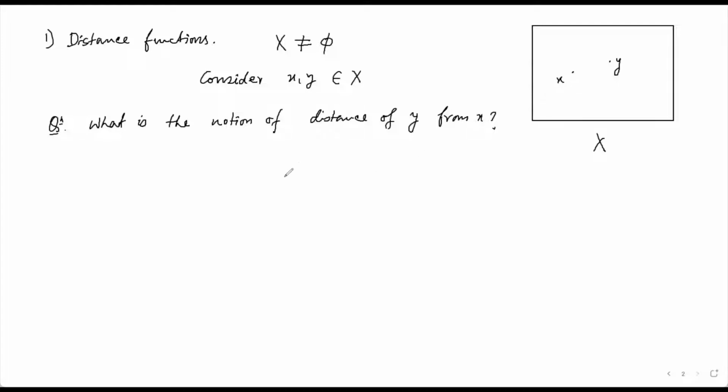So basically what we do, we assign a real number denoted by d(x, y) to this ordered pair (x, y), and this is real.